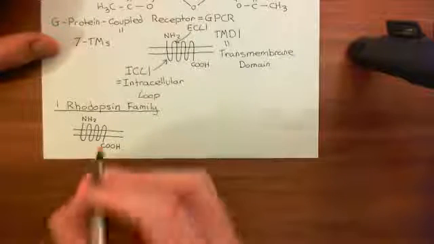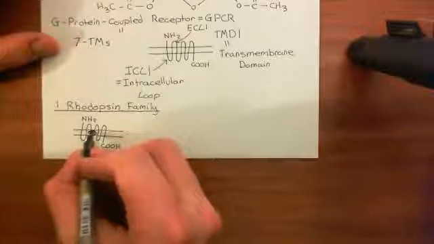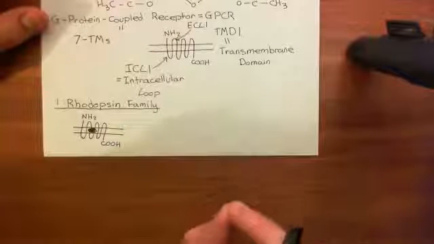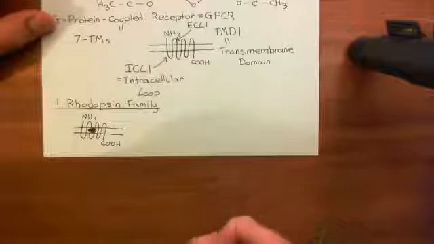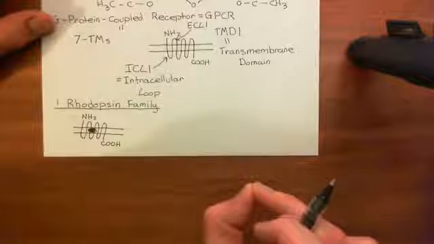Basically, the characteristic feature that you need in order to be a rhodopsin family G protein coupled receptor is that you need to bind your ligand in the transmembrane domains. So the characteristic feature of all rhodopsin family G protein coupled receptors is that the ligand binds to residues that are within the 7 membrane-spanning alpha helices.